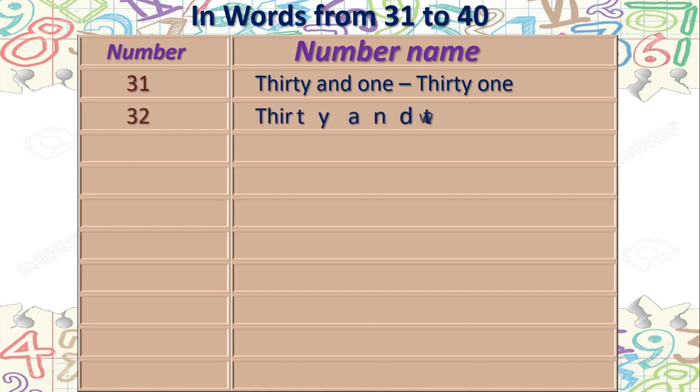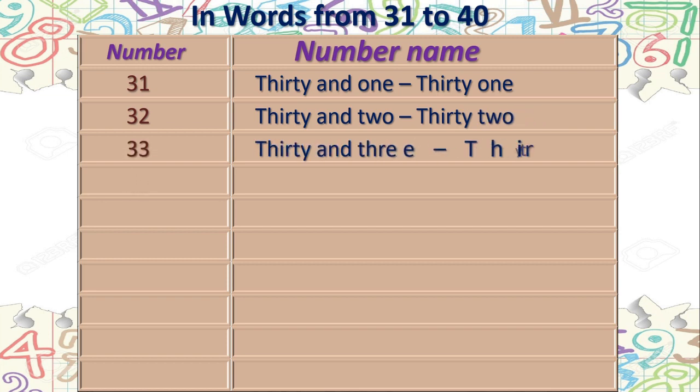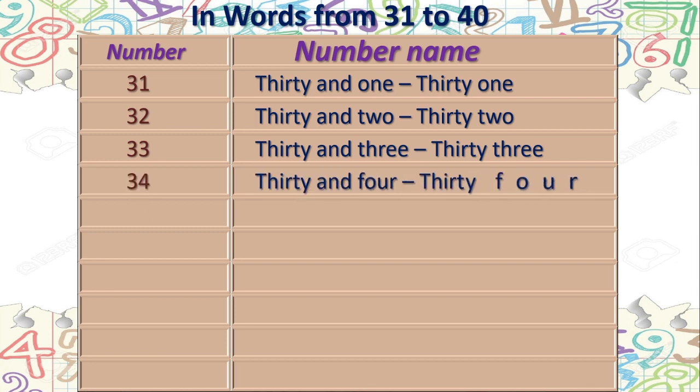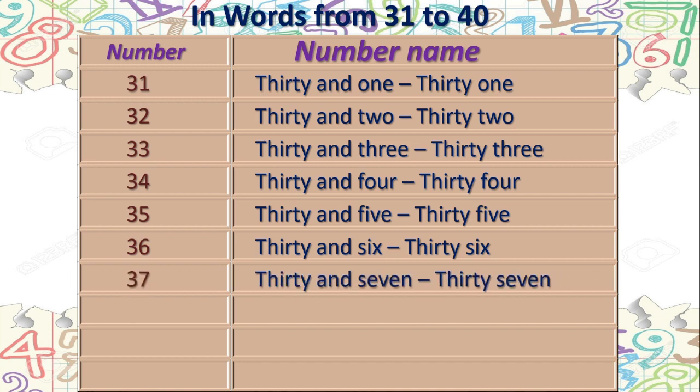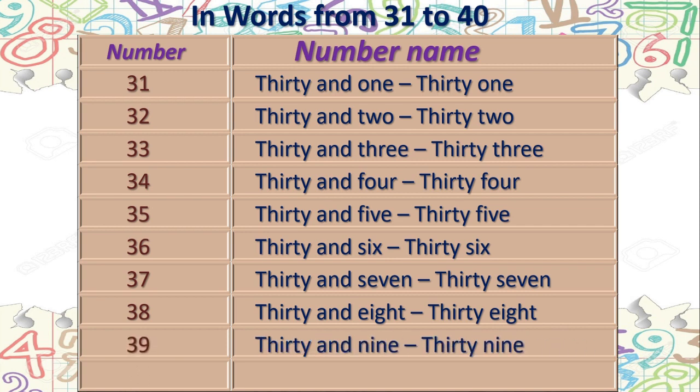This is 30 and 2, that is 32. 30 and 3, that is 33. 30 and 4 makes 34. 30 and 5, that is 35. 30 and 6, that is 36. 30 and 7, that is 37. 30 and 8, that is 38. 30 and 9, that is 39.